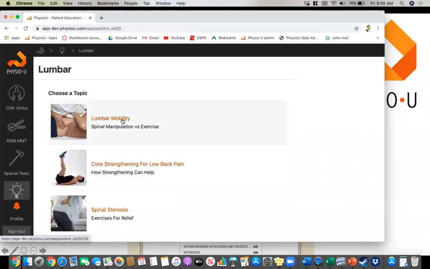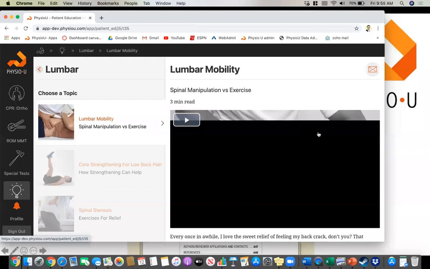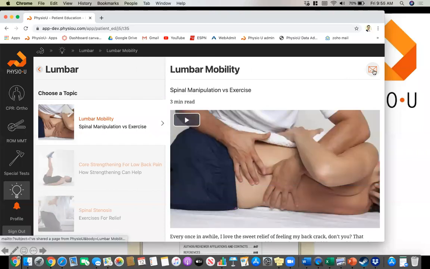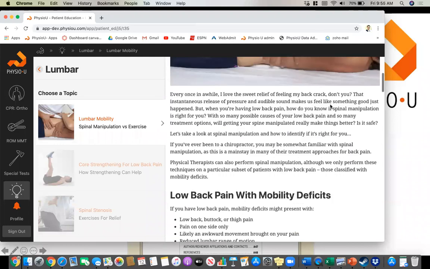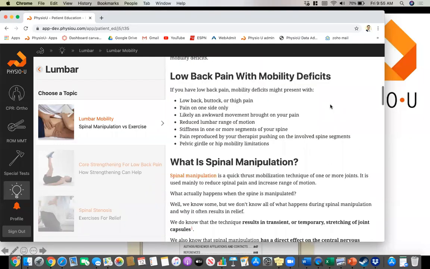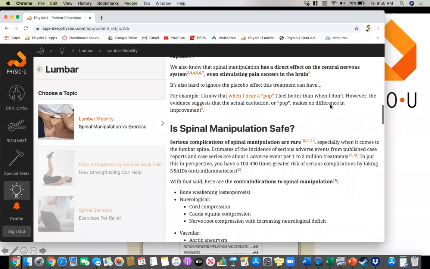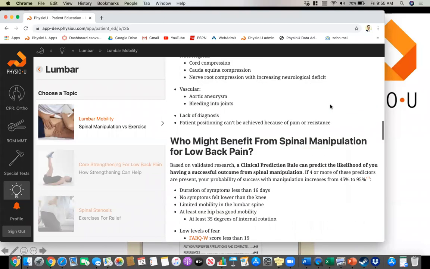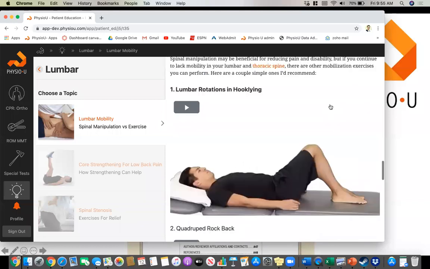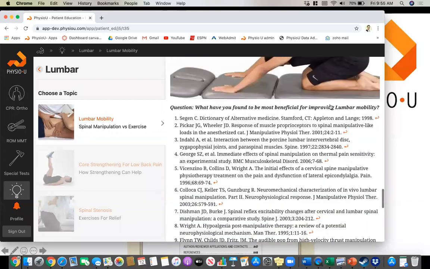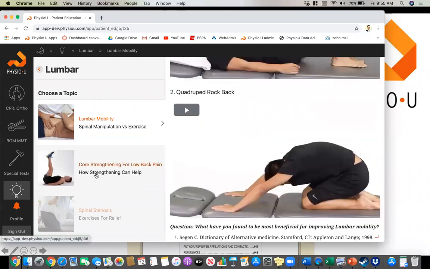And so lumbar mobility. This would be one where we might decide, I'm going to click here. It's a 3-minute read or a video. Send it to your patient. It's about lumbar mobility. Nice thing is it talks about what the benefit of spinal manipulations are. Is it safe? What are the benefits of just exercising in general, being active? And it gives a couple of common videos for motion in the spine, right?